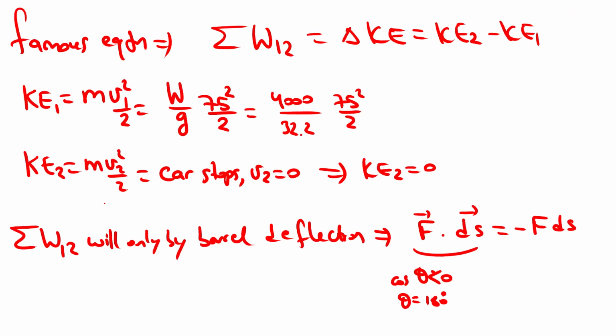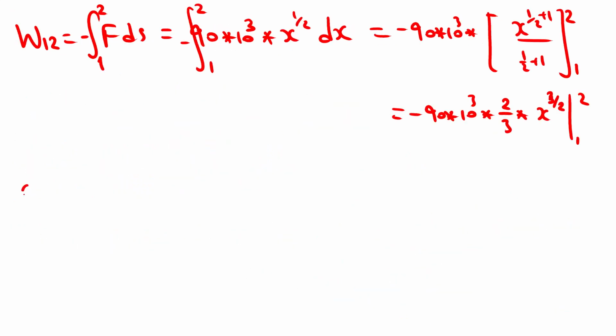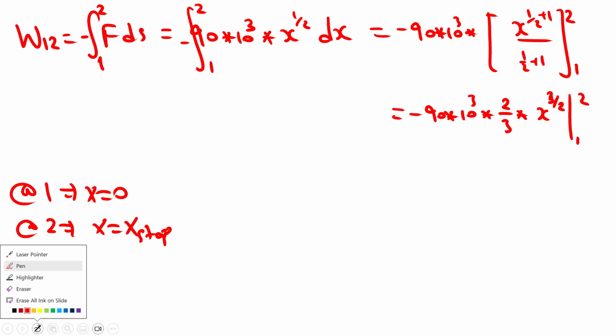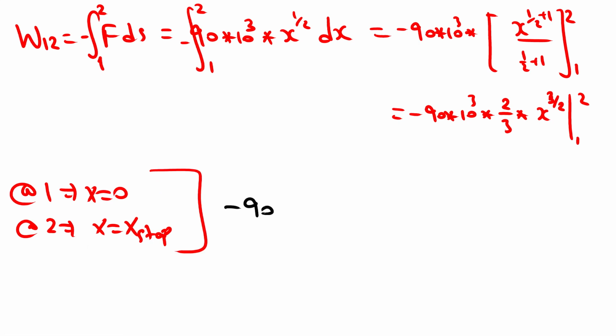Now it's time to identify what is 1 and what is 2. At 1, x is 0, and at 2, x is x stop. Replacing those values, we have negative 90 times 10 to the power of 3 times 2/3 times x stop to the power of 3/2, and the 1 term is 0 so there is no need to write it.